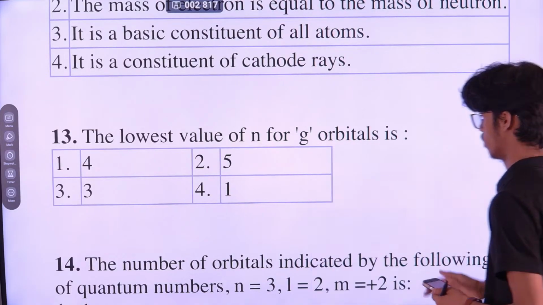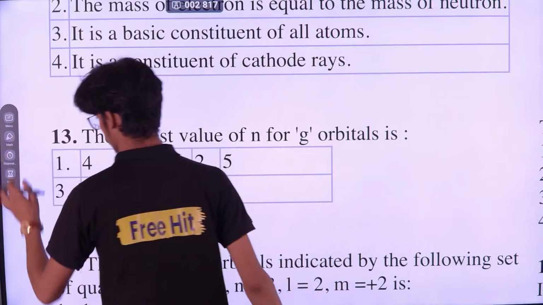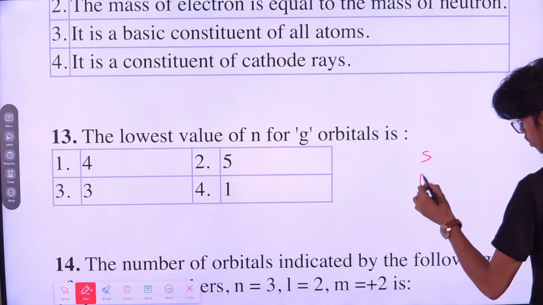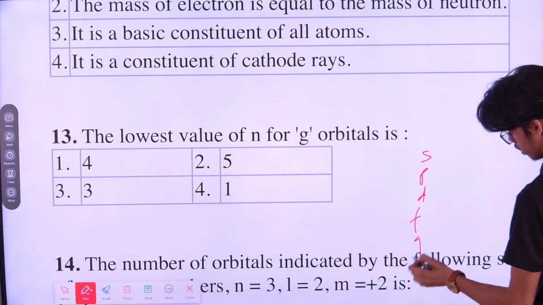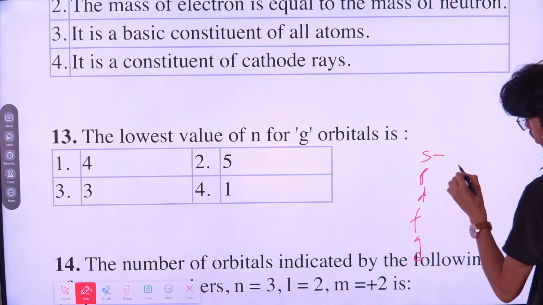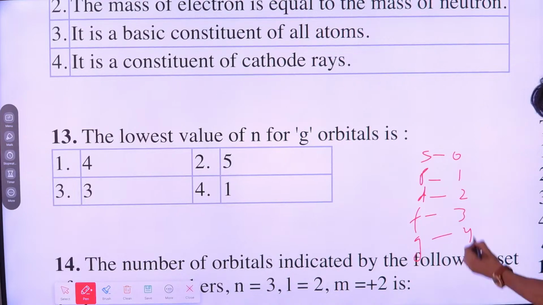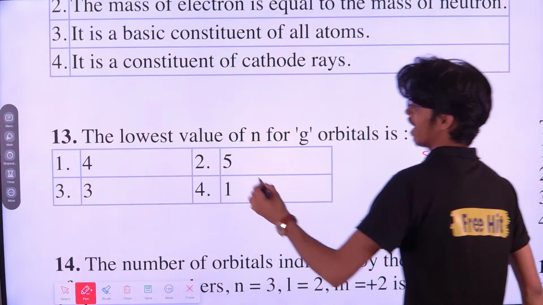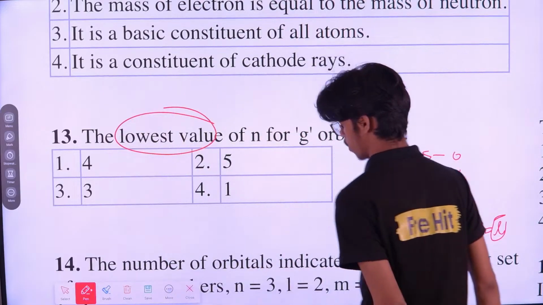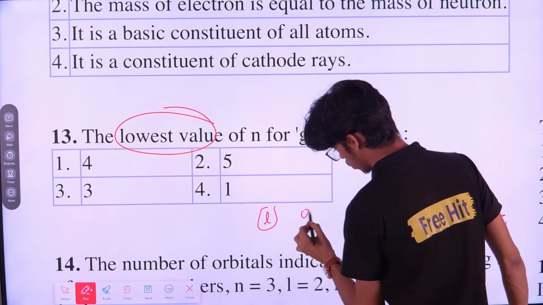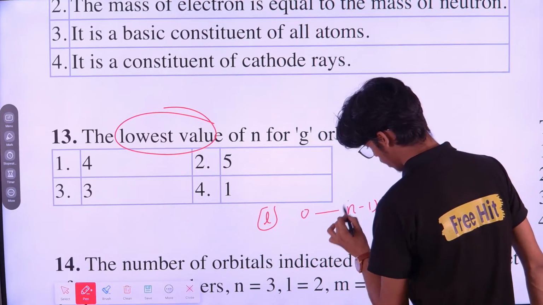See how many orbitals we have. We have to name their quantum number. So S, P, D, F, G. The azimuthal quantum number is 0, 1, 2, 3, 4. So this G has an L value equal to 4. Remember, it is asking us the lowest value. We know that the value of L can go from 0 to n minus 1, right?